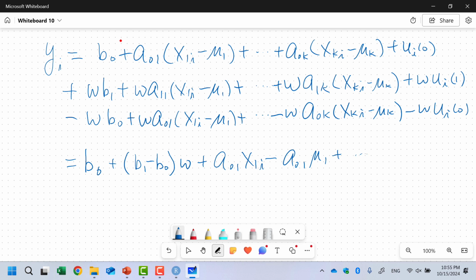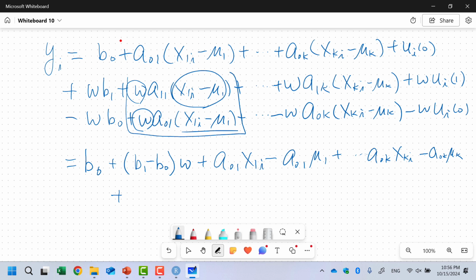Plus, and then you will have a0k xki minus a0k mu k, plus, and then the w, these two become w times, I will write this one first.